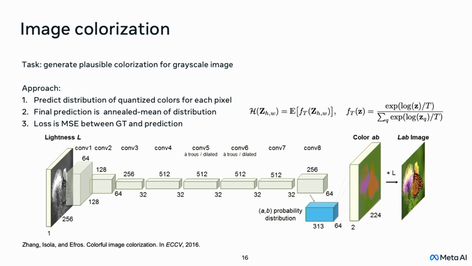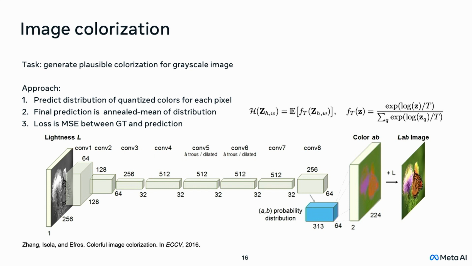And then what they do is they quantize the space. They construct a grid over the space. And then they say, okay, for each of the locations in this grid, I'm going to predict the probability that the color of the pixel belongs in this grid cell, okay? Now, not every element in the grid is valid, so you're going to get a subset of cell values.